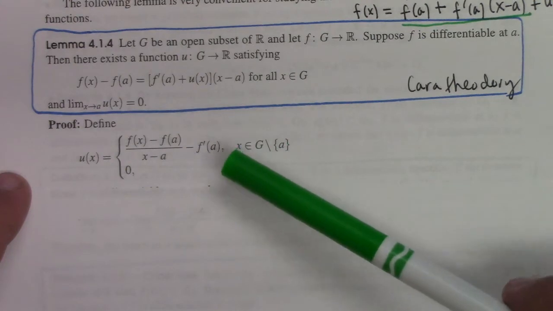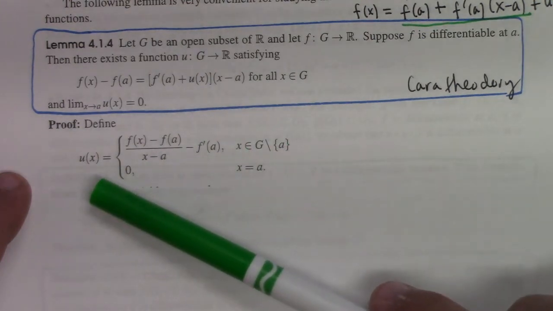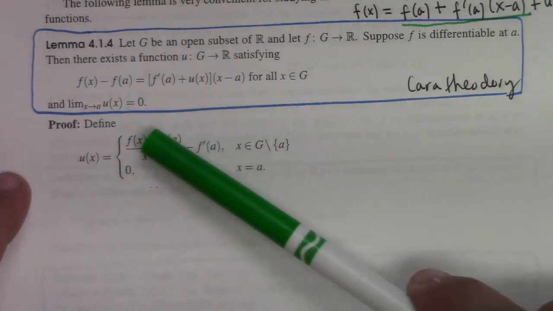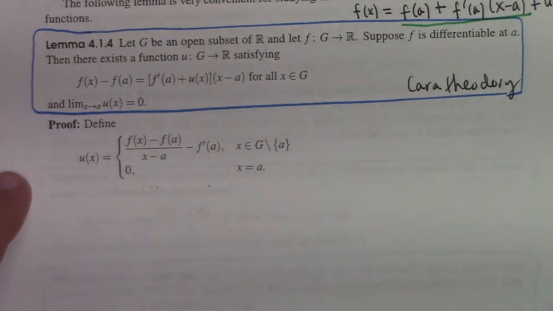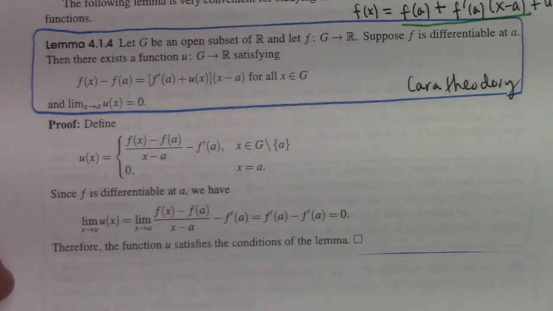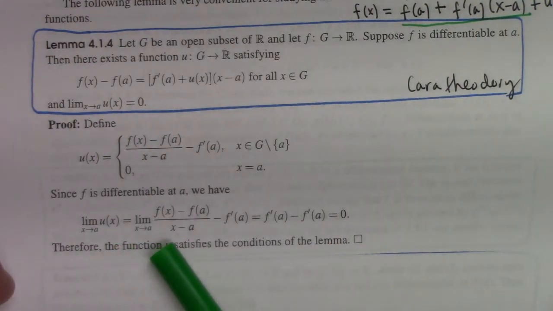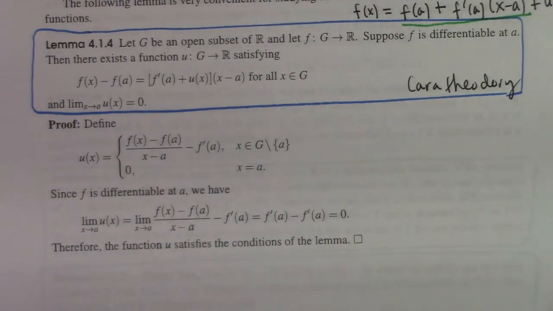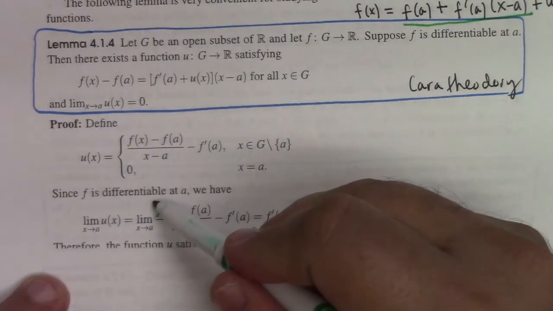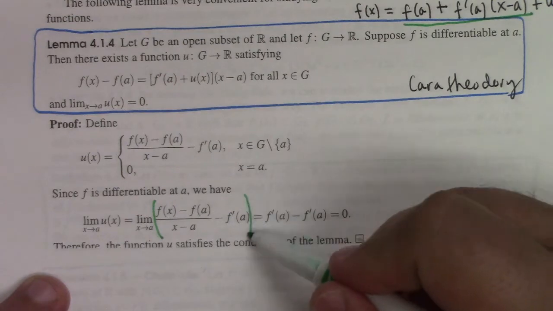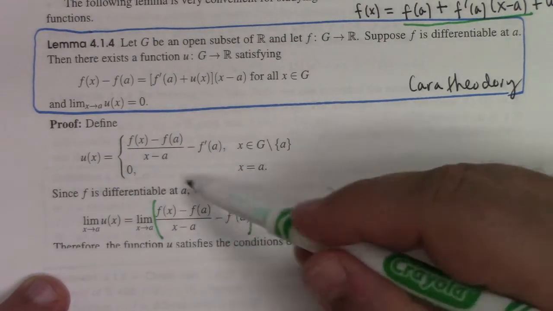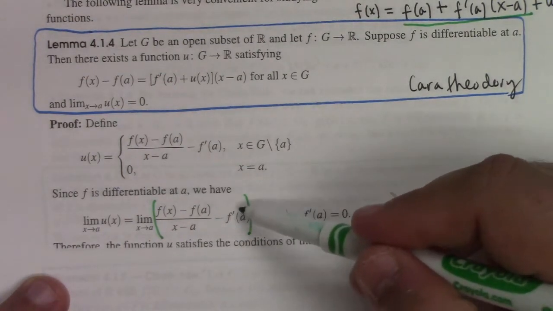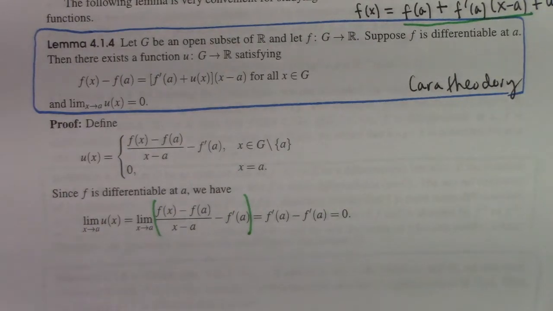The fact that the limit of u of x as x approaches a is 0 follows from the differentiability of the function, right? The limit as x approaches a of u of x is the limit of, and I like to put parentheses on limits like that, this part limits to f prime of a, and that's a constant, so it's just minus f prime of a. So there you go.